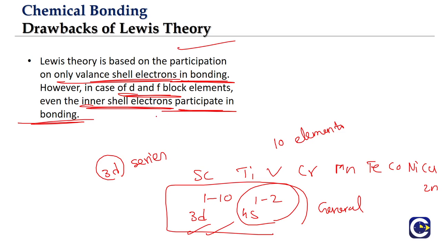We will study d and f block elements in a separate chapter in +2. We'll talk about how d block and f block elements can engage not only the outermost shell electrons but also the electrons of the inner shells. This is against the basic idea on which Lewis theory is proposed, because Lewis theory considers that only the valence shell electrons participate in chemical bonding. So this is another drawback with the Lewis theory.